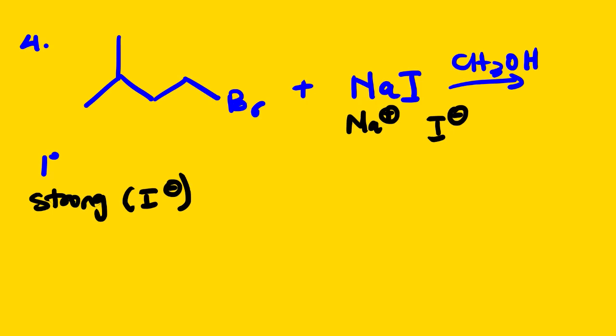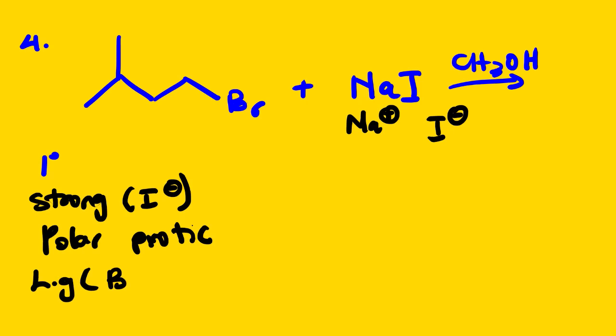We look at the solvent, we have a polar protic. Remember from the list, we said this is a polar protic. And then we look at the leaving group. It's a good leaving group.